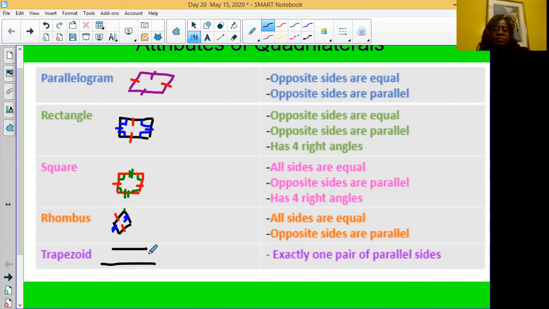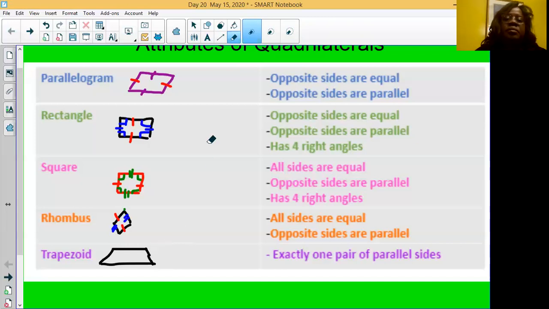Oops. Let me erase that little mistake I made right there. Turn it up a little bit. All right, so a trapezoid, I know, has one set of parallel lines.